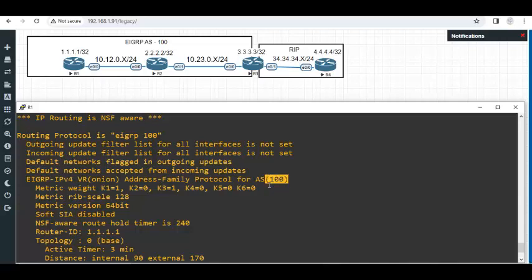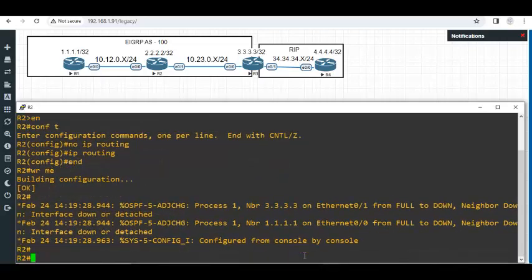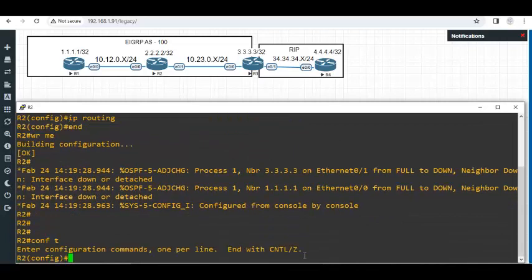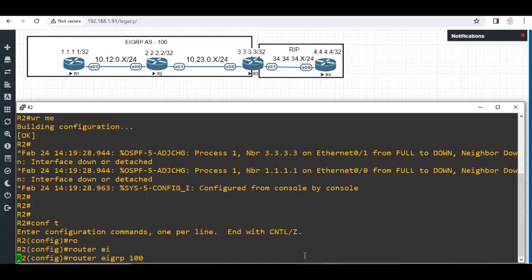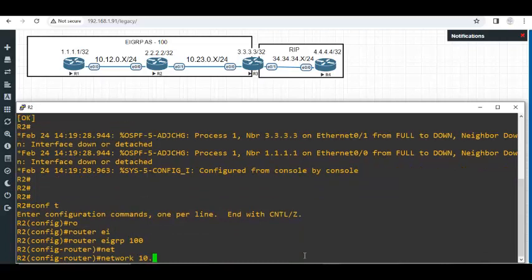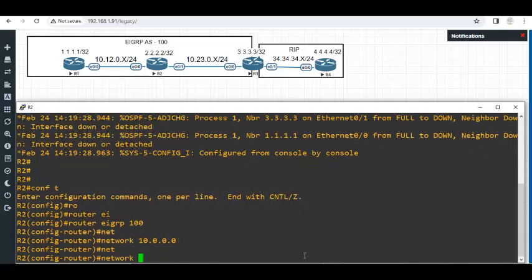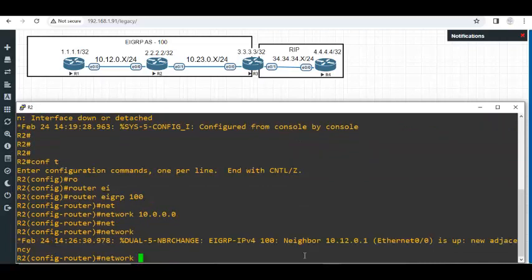Now the same thing, let's see how it looks if you are doing the old method. Router 2, router EIGRP 100, network 10.0.0.0, network 20.0.0.0. Okay, now I want to compare and show you the output difference.